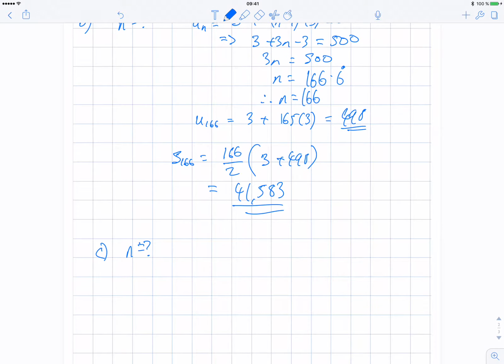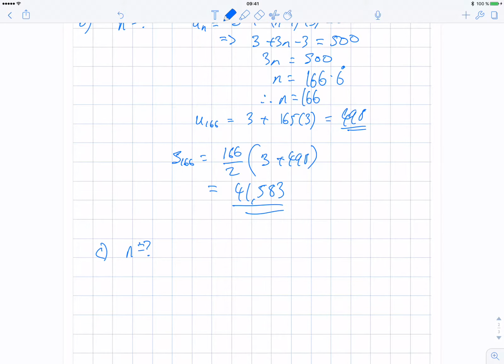Well, I know the first term is 30 and the last term is 300, but both of them are a multiple of 6. Was it, sorry, is it 6? Yes. So I can use the following formula.